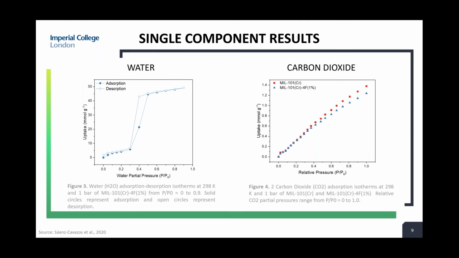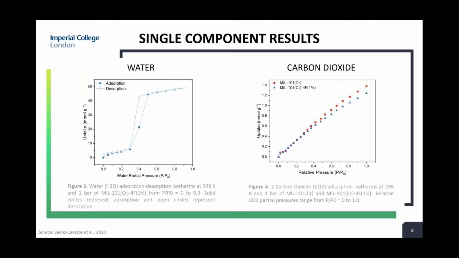The maximum water uptake for the fluorinated material was around 50 millimoles per gram, which is lower than the one reported for the unmodified material, around 55.5. This proves an effectively augmented overall hydrophobicity that can be attributed to the incorporation of fluorine atoms.